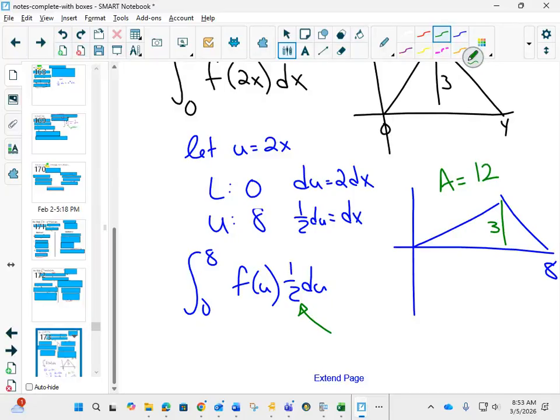But when I do the substitution, my bounds change. Notice this half gets built into the du to say, when you stretch it out, you would get double the area. So we have to consider that and make it back half of what it was originally. And we get the same answer, an area of 6, but now our answer is a little bit easier.